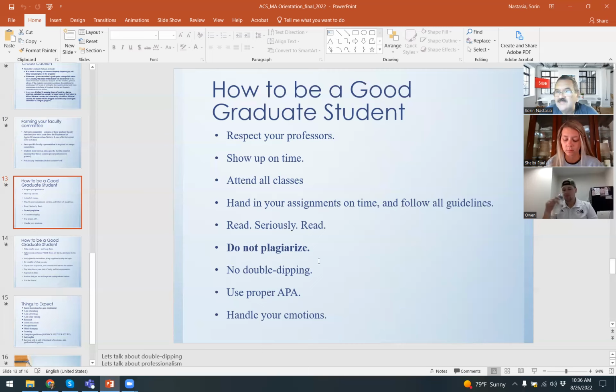Use proper APA style. I hope that by this time everybody knows what APA means and what the requirements are, because everybody will look into your bibliographies when you write something, and the style in which you write and quote your sources has to be proper APA. And, you know, try to handle your emotions. Being a graduate student, you are of many ages. Some people already have families, have grown up kids.